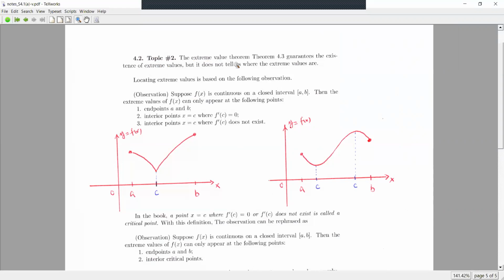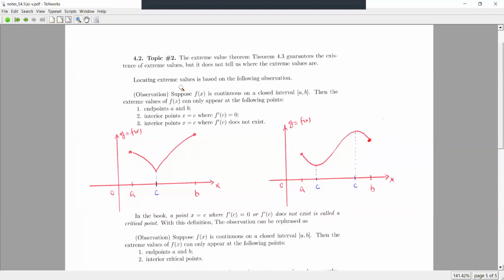The extreme value theorem in topic 1 guarantees the existence of extreme values, but the theorem doesn't tell us where the extreme values are. Okay, now in this topic, I will tell you 3 steps to find extreme values.